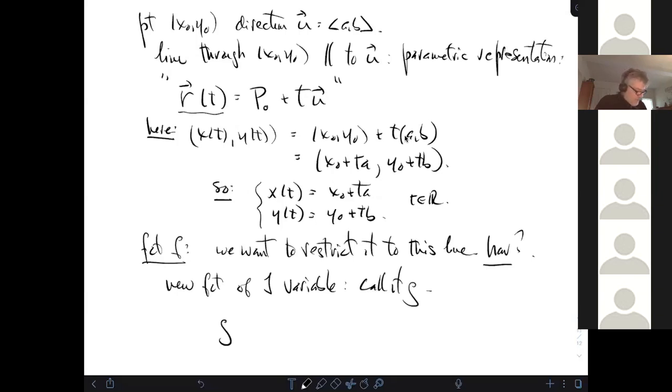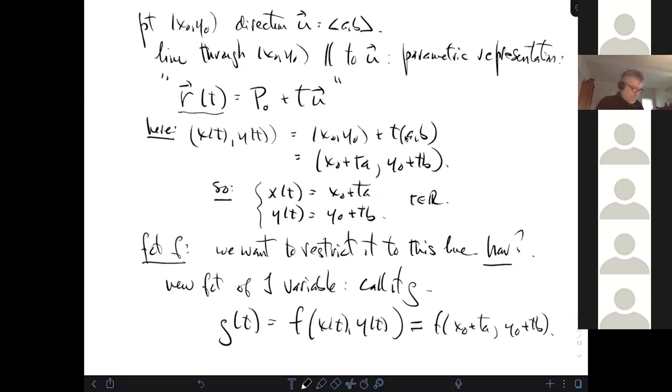So what is g of t? This is f evaluated on the line, f of (x of t, y of t). So I'll just write it out explicitly: this is f of (x0 plus t times a, y0 plus t times b). This is the function whose graph you saw on the previous slide.